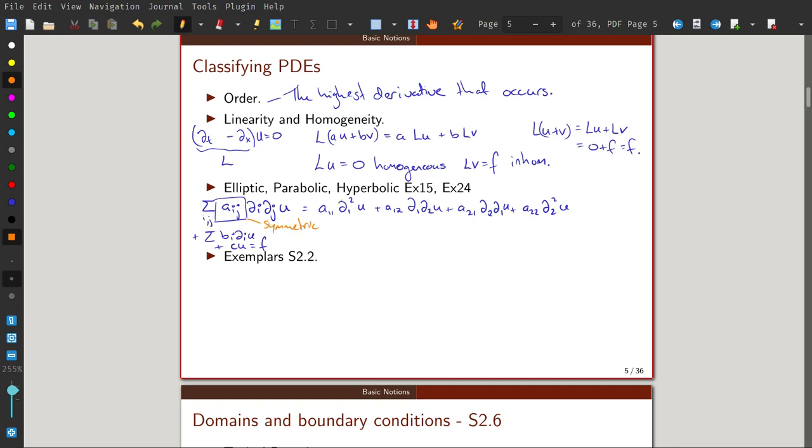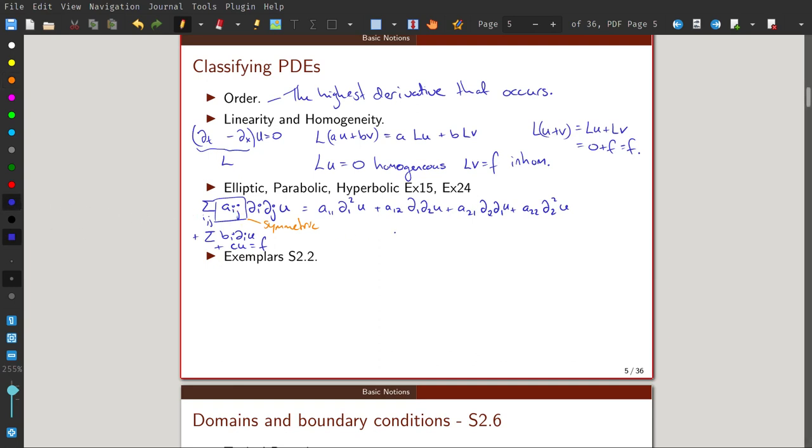And it's symmetric because of the symmetry of the mixed second partial derivatives. A12 and A21, under reasonable assumptions of regularity, are equal to each other. So you can always arrange that A12 and A21, or any other pairs of symmetric coefficients, are equal to each other. And so we can assume that matrix Aij is symmetric.